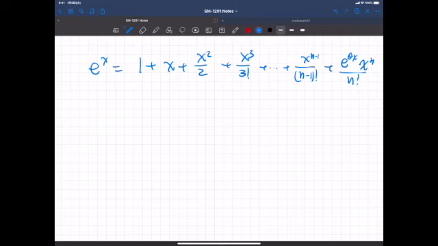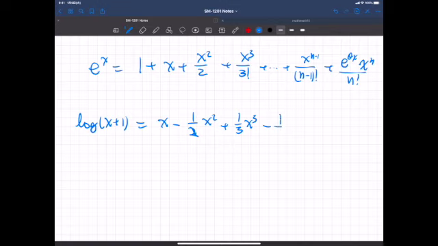Another example is log of x plus 1. So this is x minus 1 over 2 x squared plus 1 over 3 x cubed minus 1 over 4 x to the power of 4, and so on.